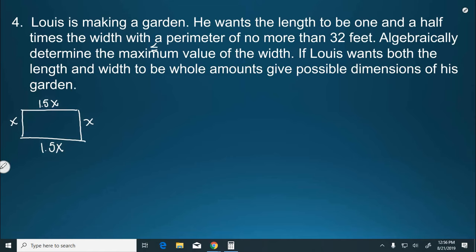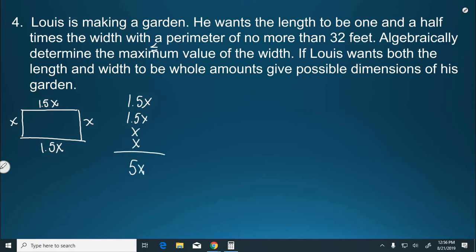We got that. No more than 32 feet. So it has to be less than or equal to 32. So if we add up all those sides, 1.5x and 1.5x, x and x, we have 1.5 and 1.5 is 3, 4, 5 x's. So 5x has to be less than or equal to 32.